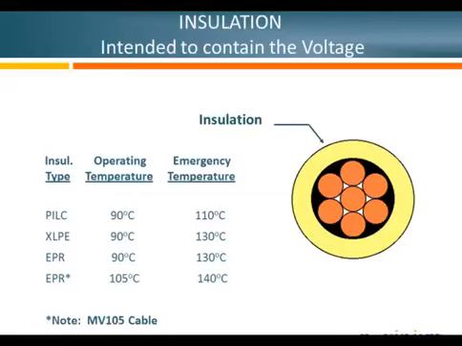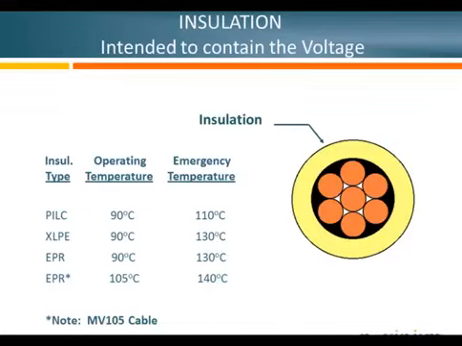So your insulation is next on your cable. Different types of insulations are available. PILC has been around forever, paper insulated, oil impregnated paper with a lead jacket. Typically, for all of these cables, normal operating temperature is 90 degrees C. You have cross-linked polyethylene or XLPE, ethylene propylene rubber, which can have a 90-degree operating conductor temperature rating or a 105 C rating.